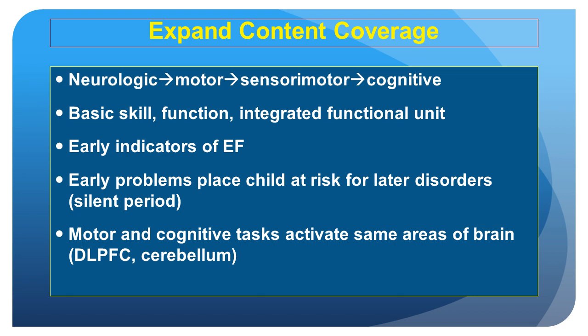Another major thing that has come about is the finding that motor and cognitive tasks activate the same areas of the brain. And this means that the dorsolateral prefrontal cortex is activated, as is the cerebellum. They crosstalk.